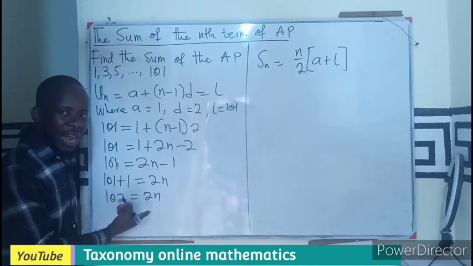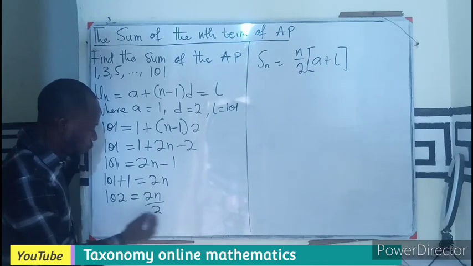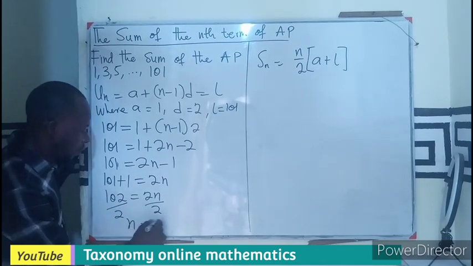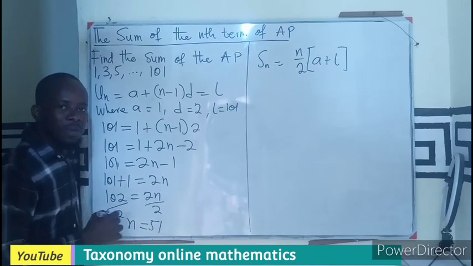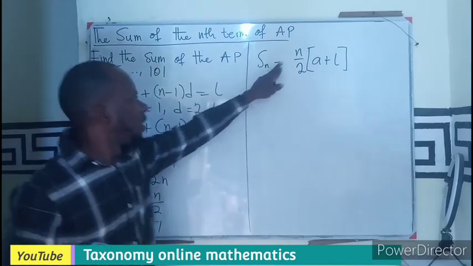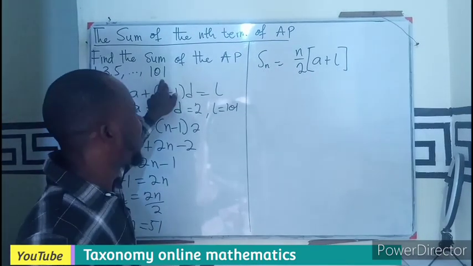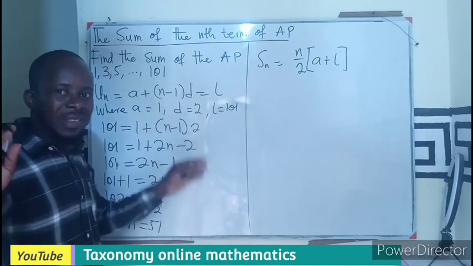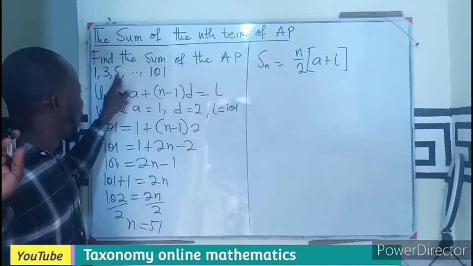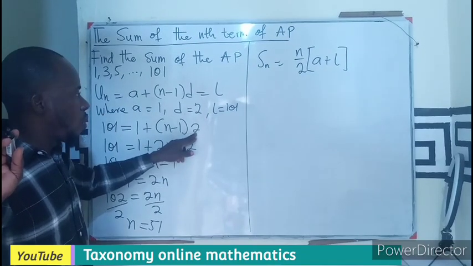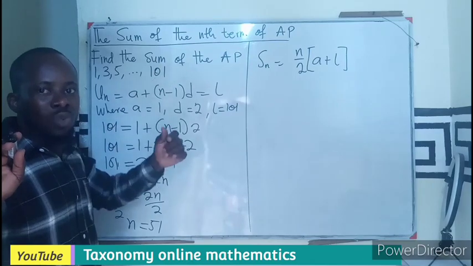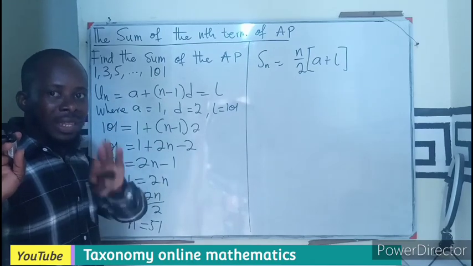We are still looking for n, so we divide through by 2, and that gives us n equals 51, meaning the number of terms present in this sequence is 51 different terms. If you keep on adding 2, which is the common difference, to each of the terms to get to 101, you get 51 different terms.